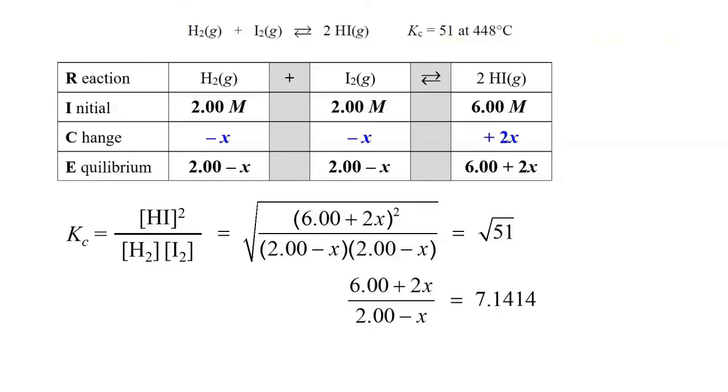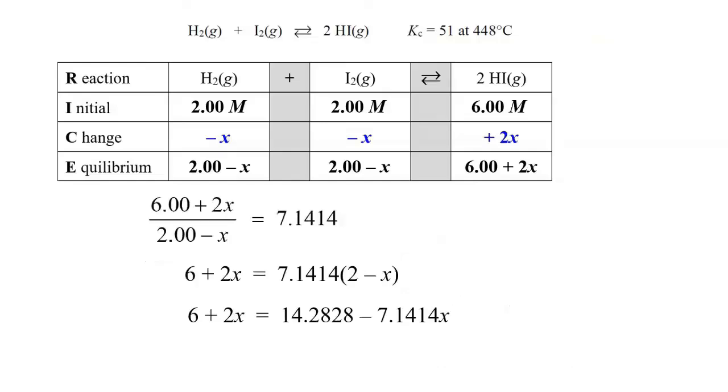Now I will multiply both sides of the equation by the quantity 2 minus X. Then I will distribute on the right side of the equation by taking 7.1414 and multiplying by both 2 and negative X. Then I will combine like terms in terms of X, and simplify if I can.